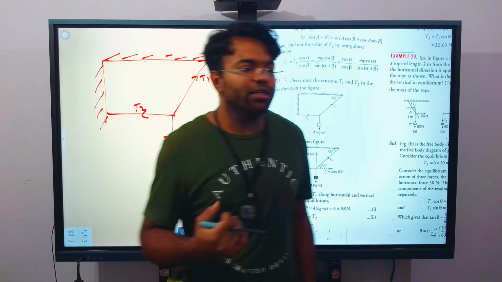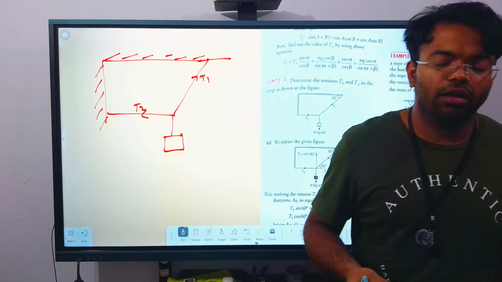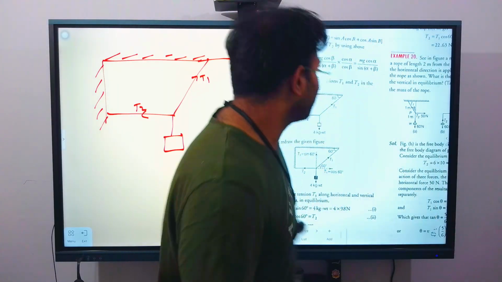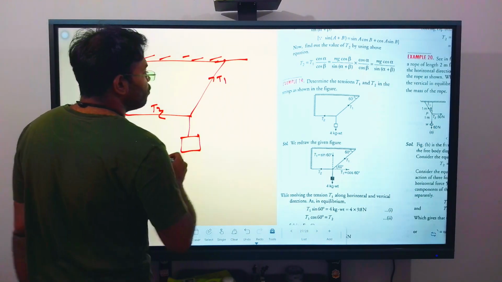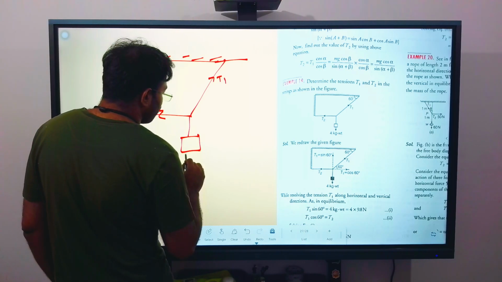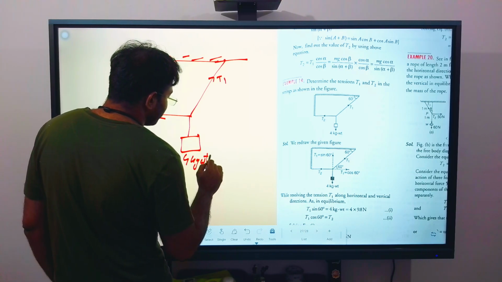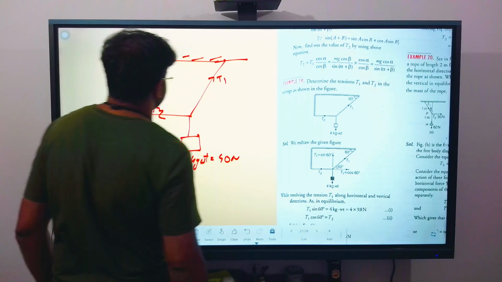What is 4 kg weight equal to, Drupad? 40 newtons exactly. So they have written 4 kgWt is equal to 40 newtons.